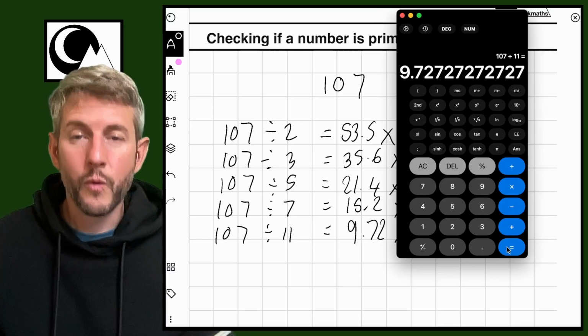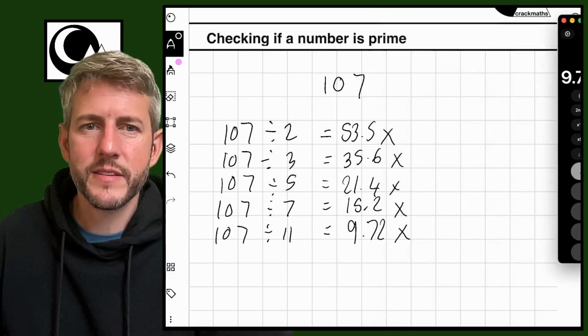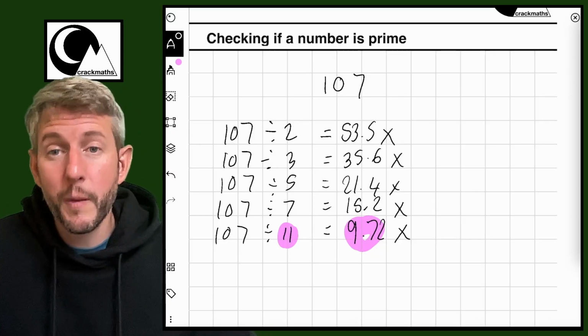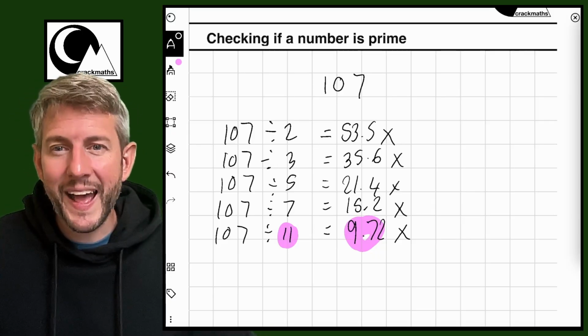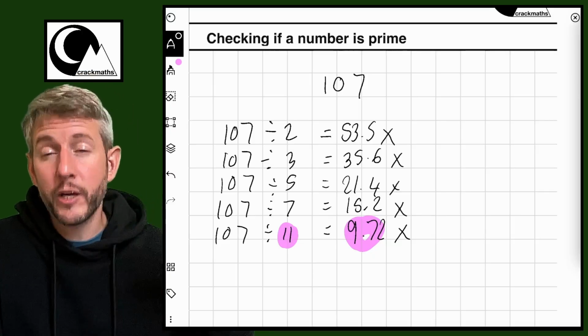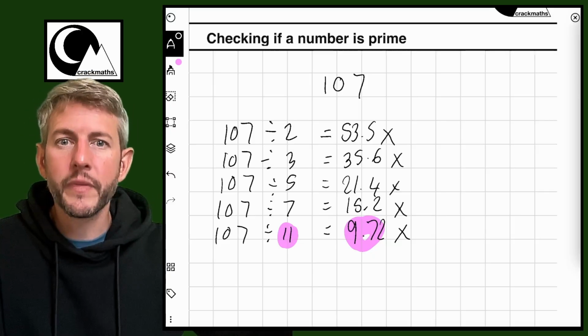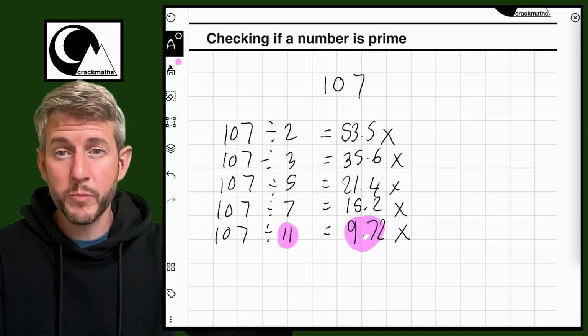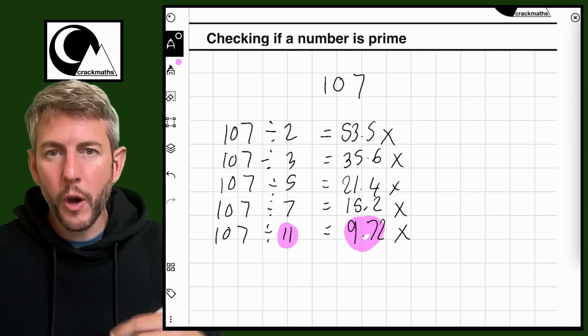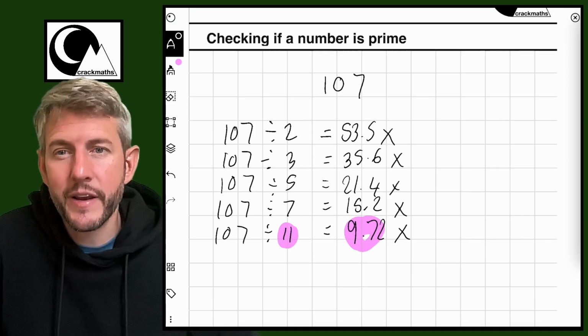9.72. Right, and now, because our answer number here, 9.72 for this last one, is smaller than the number we were dividing by, we can actually stop, because we know that there's no point in increasing the number we're dividing by, because the answer is just going to get smaller and smaller, and we've already checked out all of the options for the numbers less than 11 anyway.